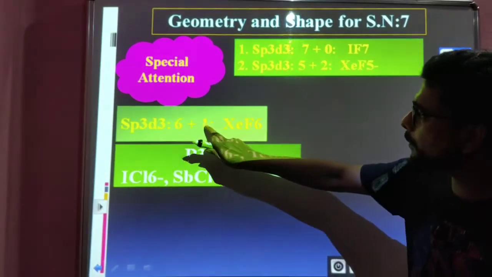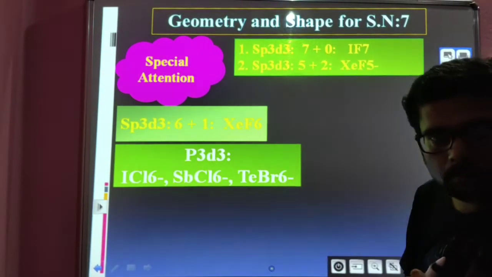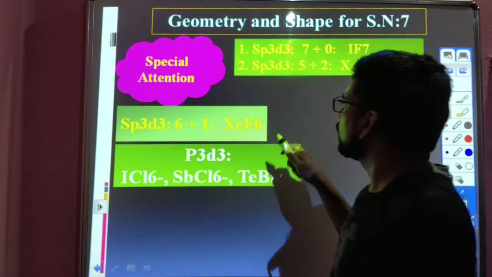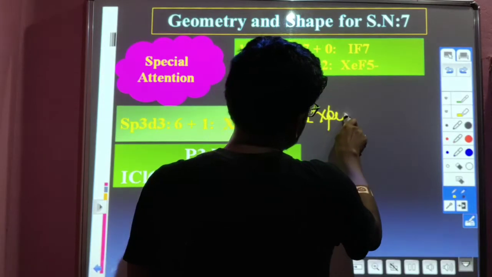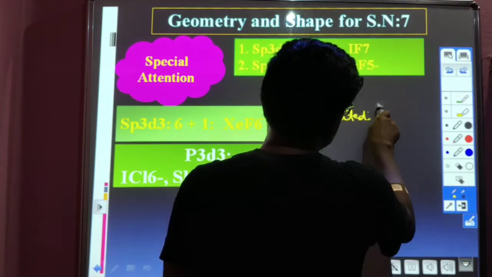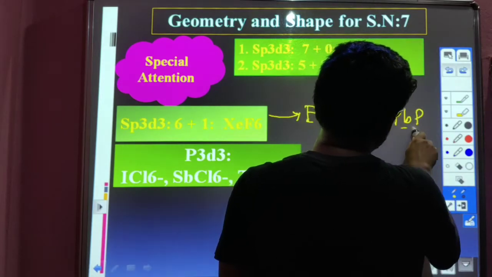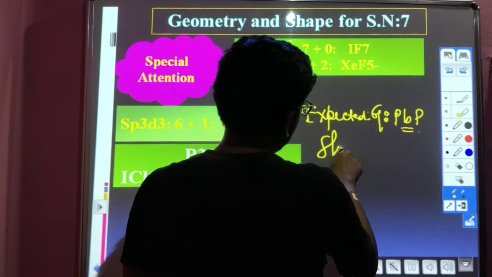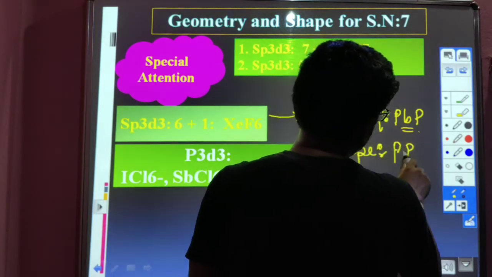Here there are 6 bond pairs and 1 lone pair. So you might expect that the geometry is pentagonal bipyramidal, and since 1 lone pair is there, the shape will be pentagonal pyramidal.